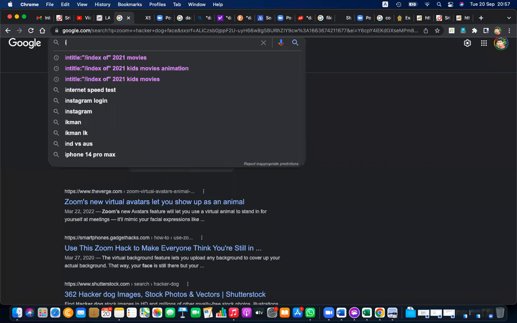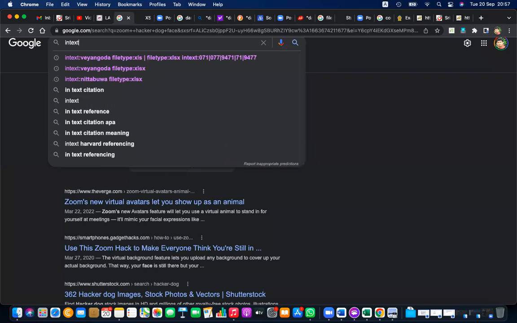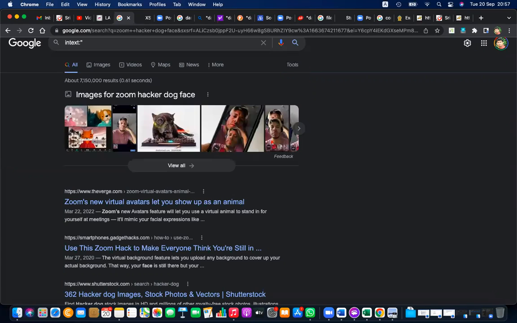If you just search in text, at gmail.com, and in text, password.